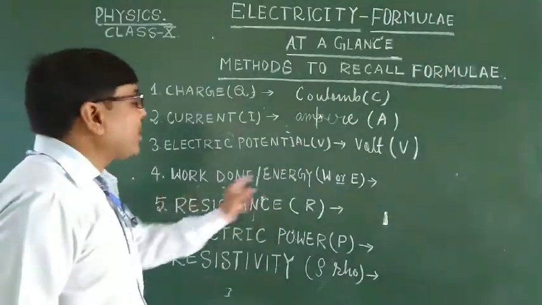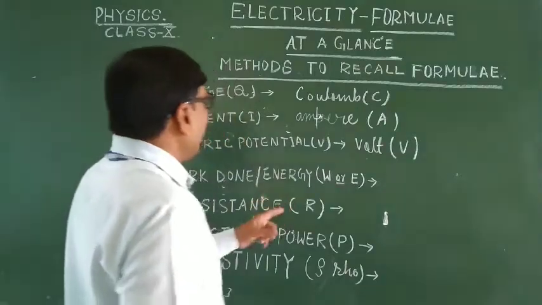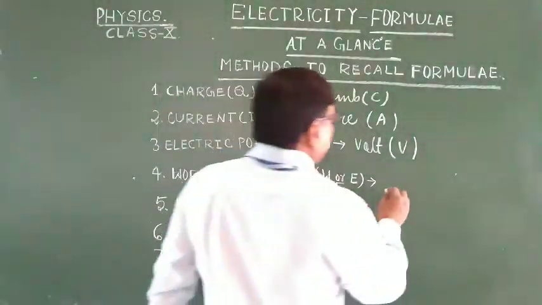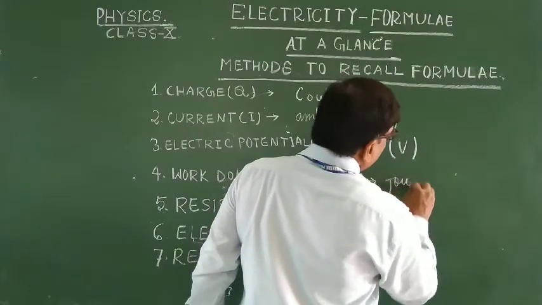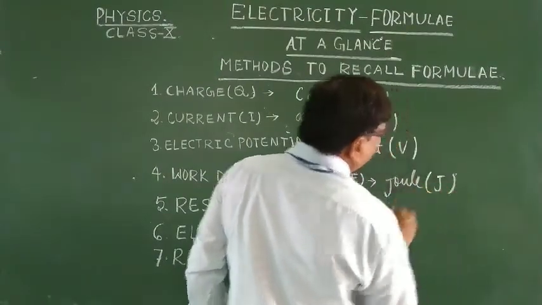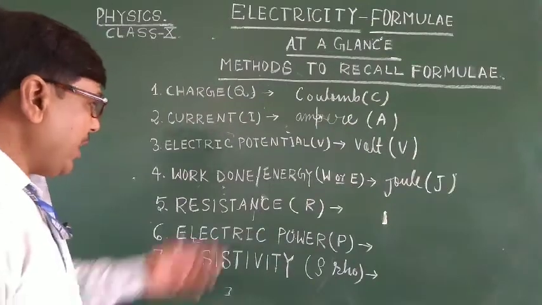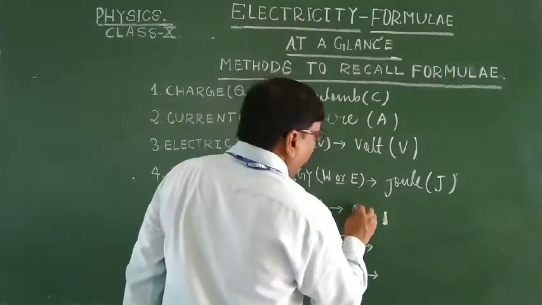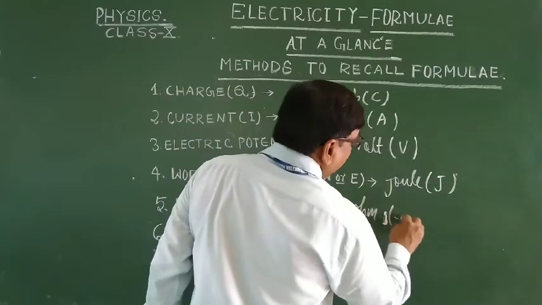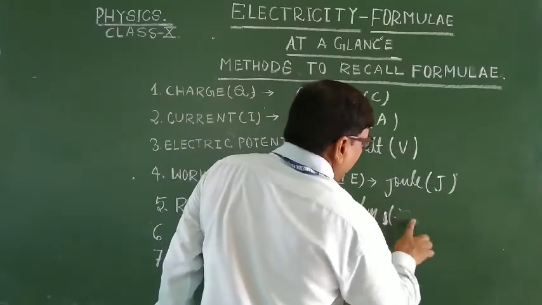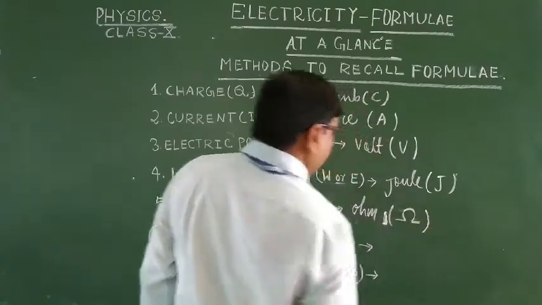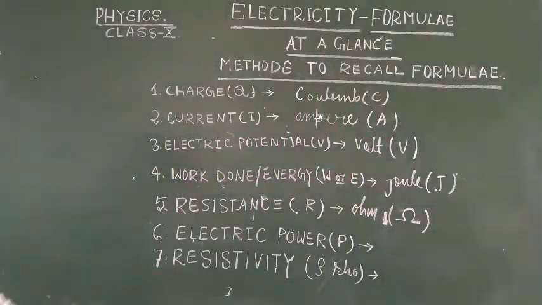Work done by the charge, or energy stored or consumed, has the unit joule, also named after a scientist, Joule. Resistance, unit ohm, named after the scientist Ohm, and the symbol is omega.